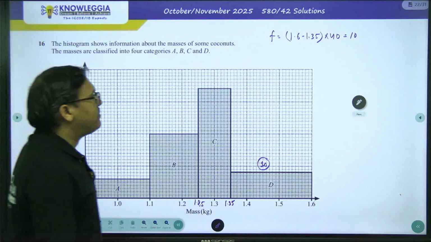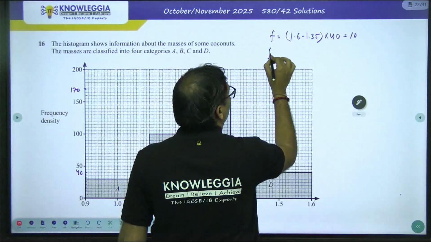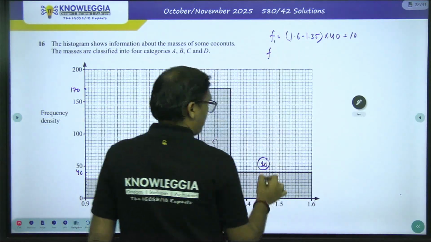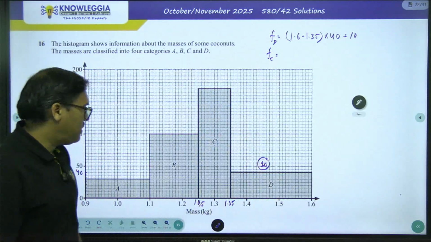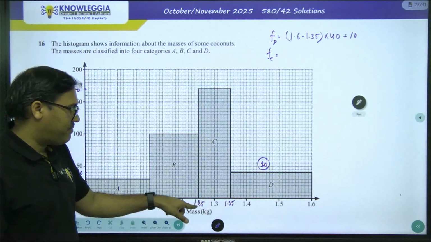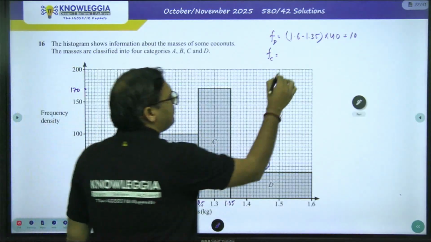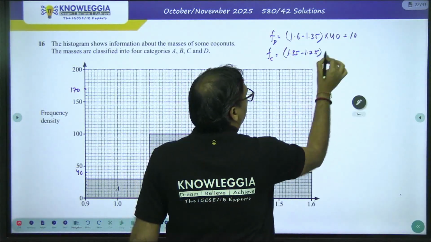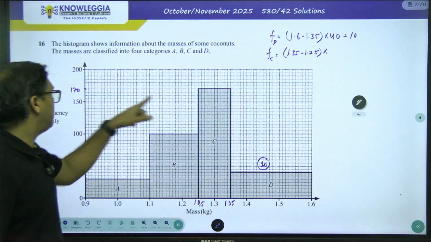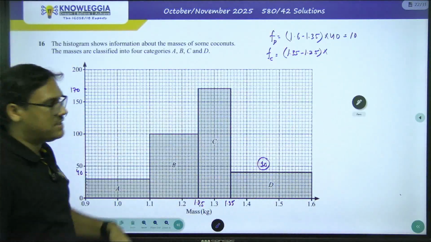So what is the frequency in category C? This was category D. This is the frequency in category C. So this will be 1.35 minus 1.25 multiplied with 170. This height is 170.